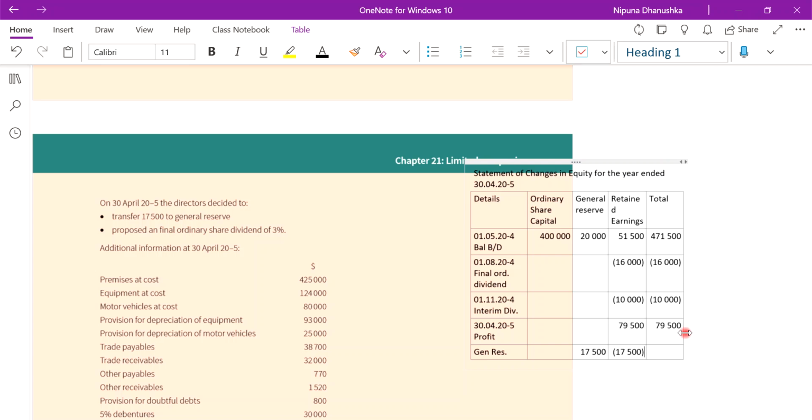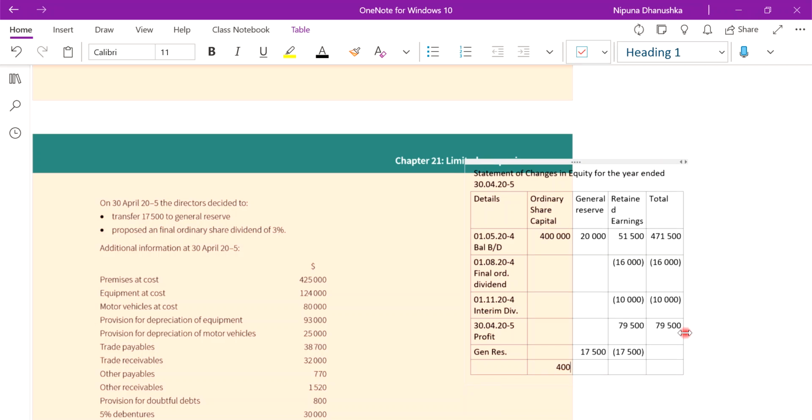It won't make any difference to the total. Then there is the proposed final ordinary share dividend at 3%, which is a proposed one. We will not include that in here.